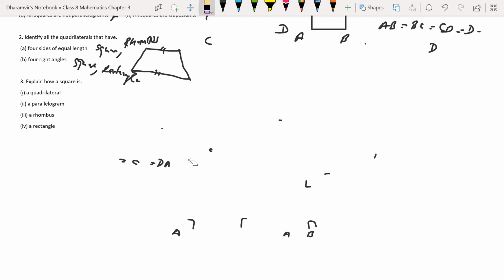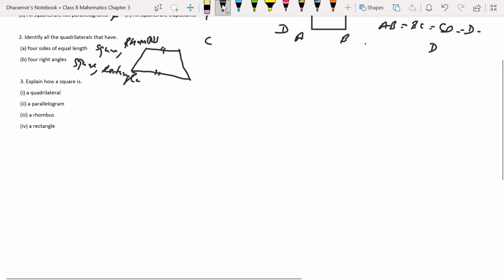Square has 4 sides. So first one is with the properties of square: all sides are equal, all angles are equal, diagonals are equal, diagonals bisect each other at right angle.